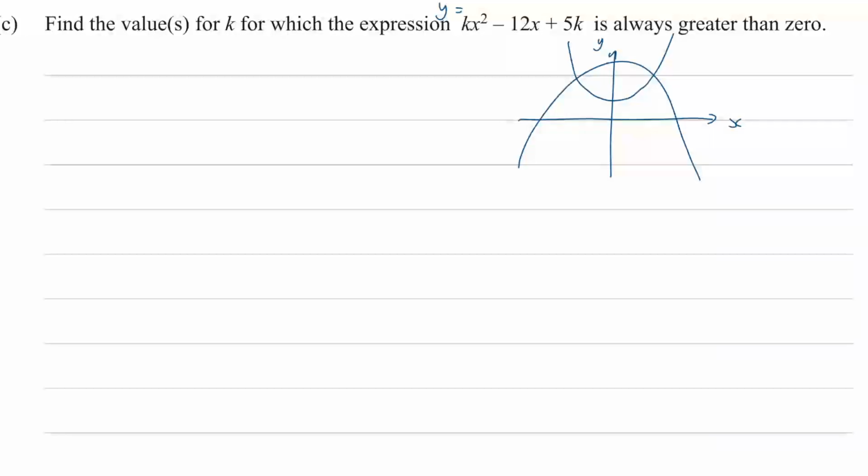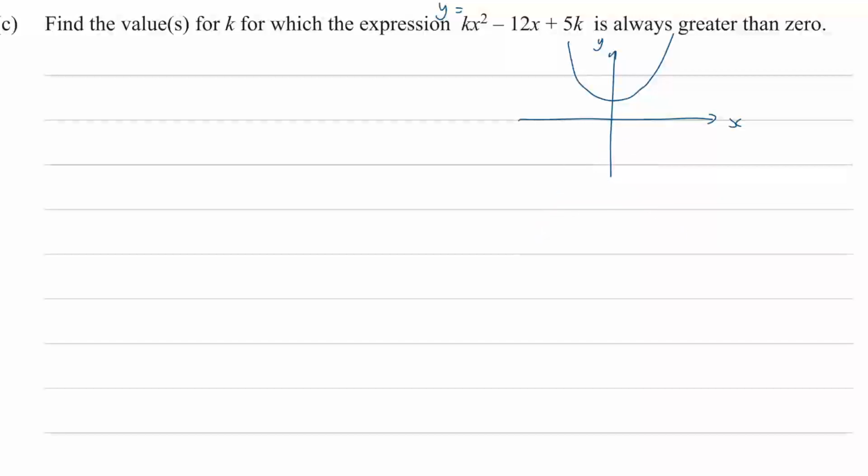Could it be a negative quadratic? No, it can't, because even though for some parts it's greater than 0, it'll eventually go below the x-axis. What about one that looks like this? It doesn't cross the x-axis, that's true, but it's not greater than 0, it's actually less than 0. But we'll come to that case in a moment.